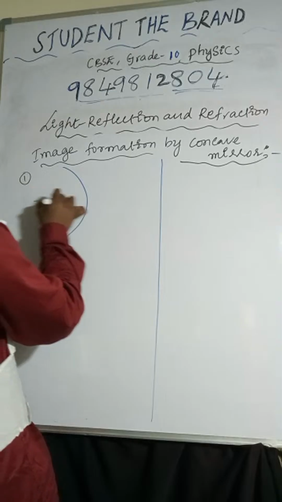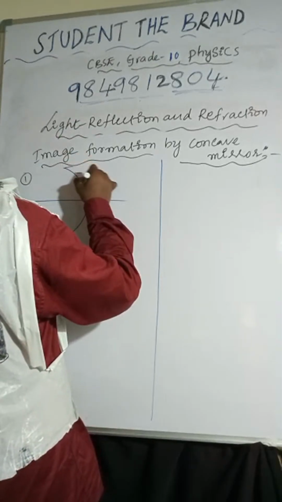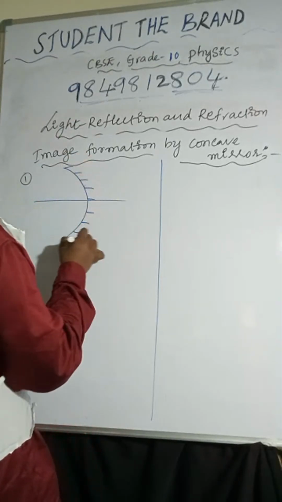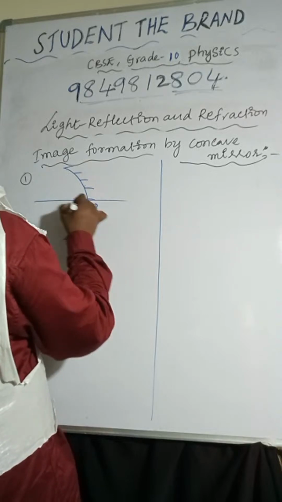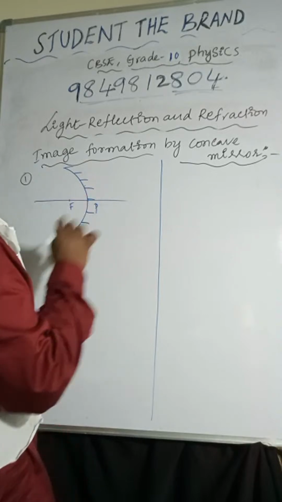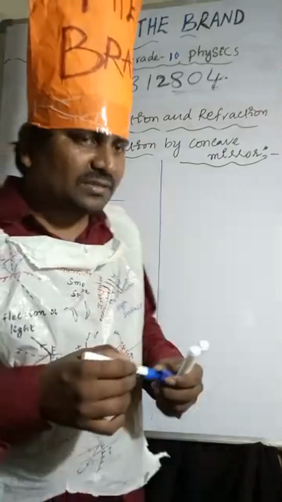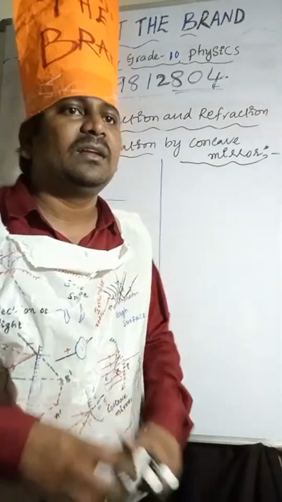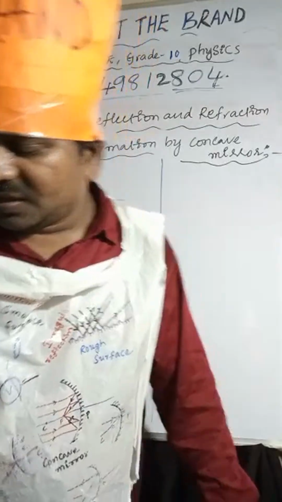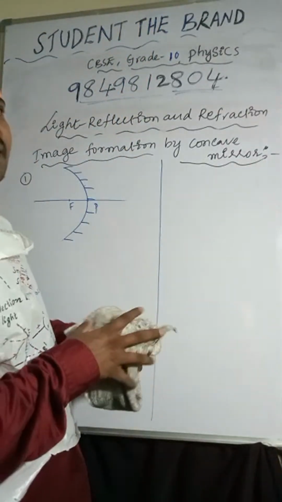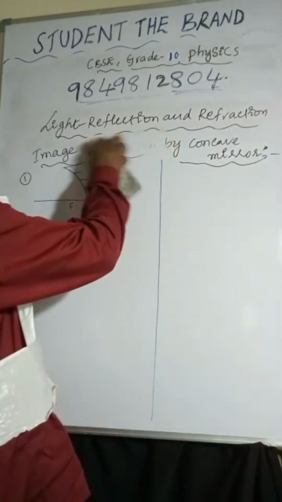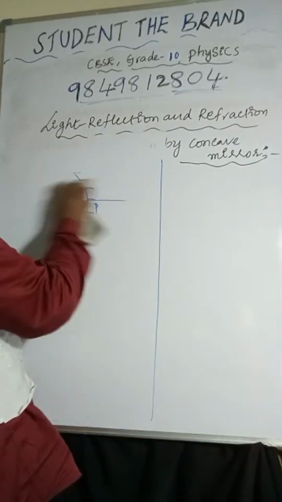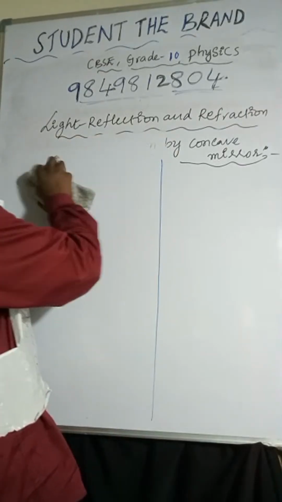New Cartesian sign convention. All distances are measured from the pole. Distance is positive along the incident ray.